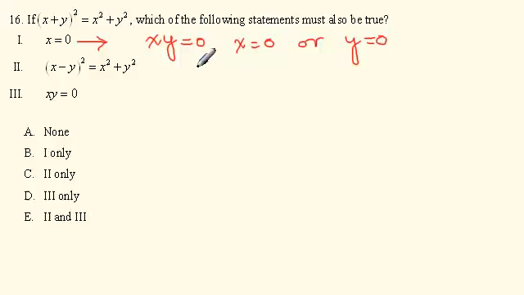But to make this statement equal to 0, it is not necessary that only x has to be 0. Example: x times y is 0 even when x equals 1 and y equals 0.